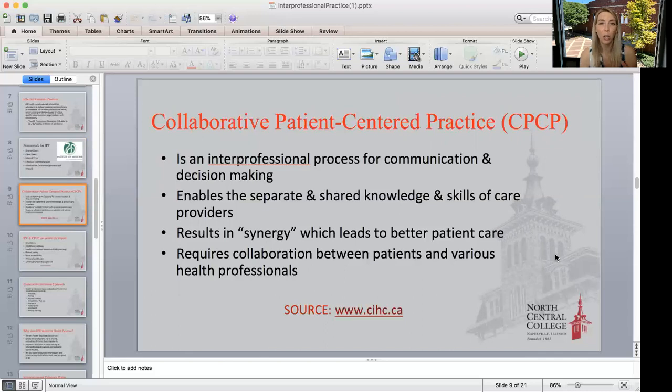It leads to this synergy. We're all working together with shared goals in a way that is focused on that patient.